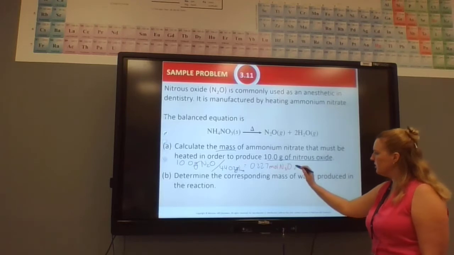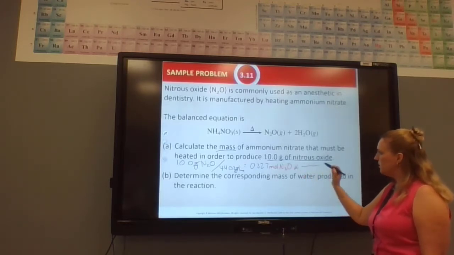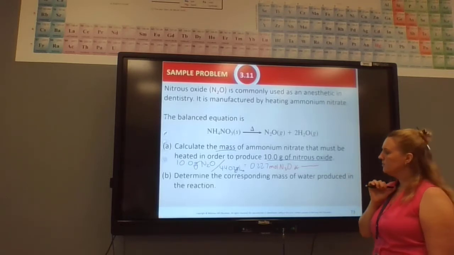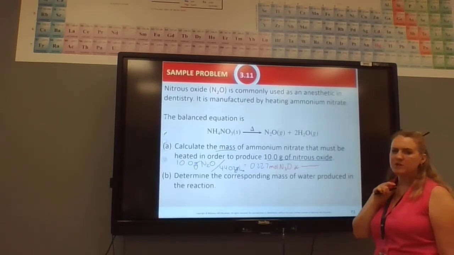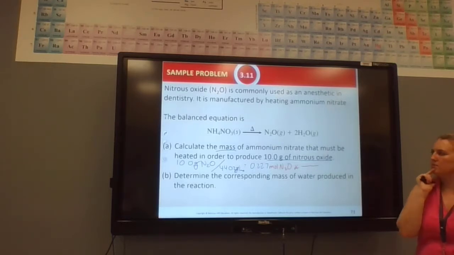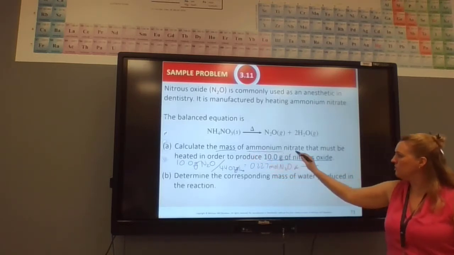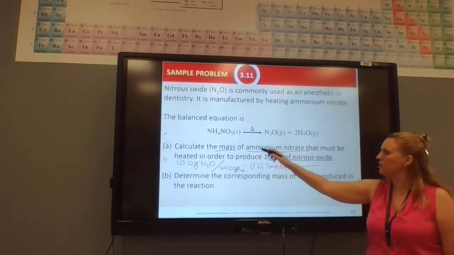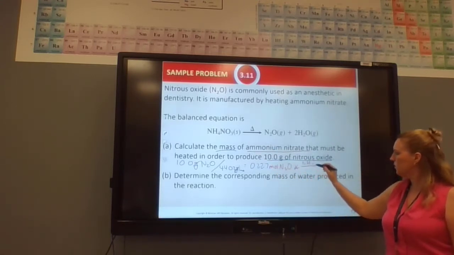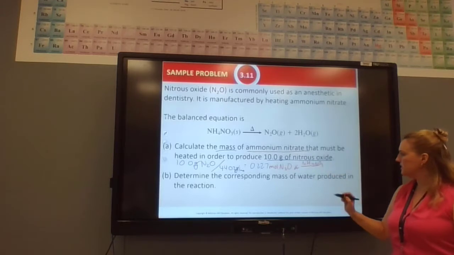So my stoichiometric ratio is going to have 1 on top. That's 1 to 1. But what species on top? Ammonium nitrate. Ammonium nitrate is what you want. I want ammonium nitrate, so that's what's going to go on top. So ammonium nitrate is NH4NO3. And what species goes on the bottom?